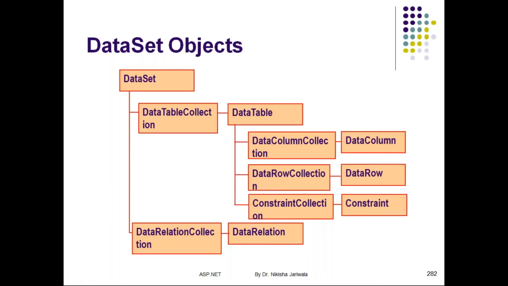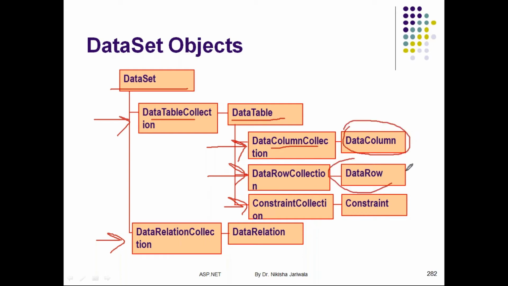So here it is just a simple diagram, right? So if we consider a single data set, it is a collection of data table and data relation. If we consider data table, and from that if we consider a single data table, then it will be a collection of data column, data rows and constraints, and from that collection we can access single data column, single data row and one constraint.